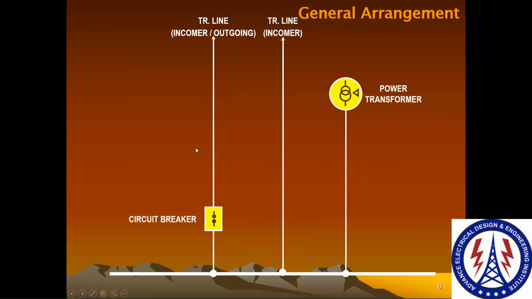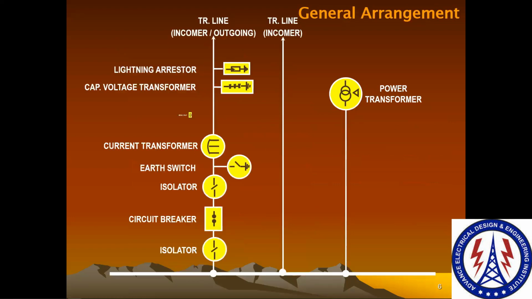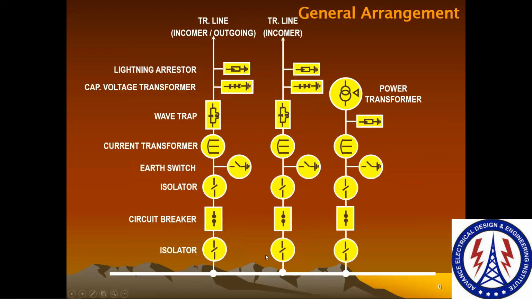Now here you can see a simple example of a single bus bar scheme. In this single bus bar scheme, we have these three bays. We call this feeder a bay also.